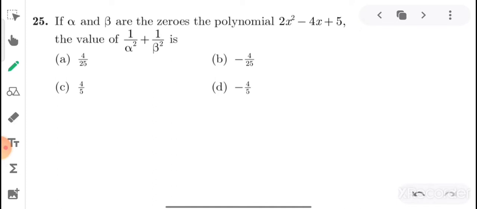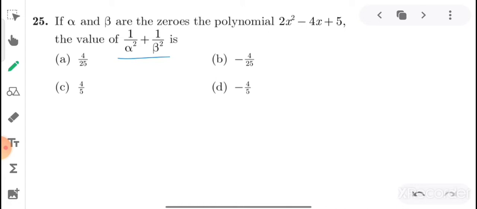See the next question, and it is the question of polynomial. Here two zeros, alpha and beta, are given for the polynomial 2x square minus 4x plus 5. We have to find out the value of 1 by alpha square plus 1 by beta square.